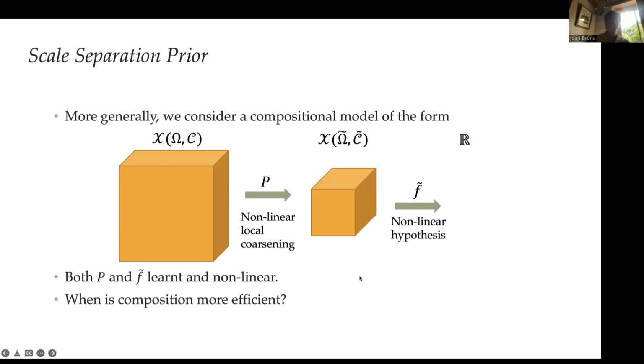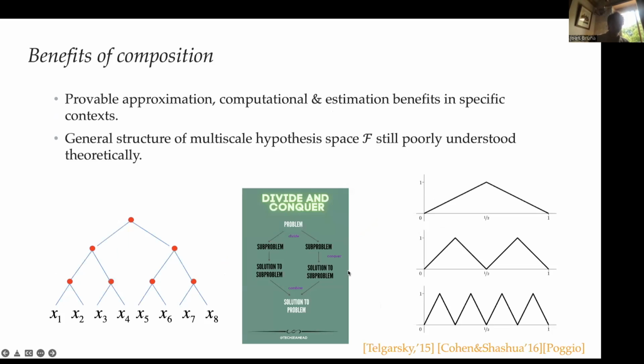So the natural question, now that we have introduced this model to learn functions as a composition, is when is the composition more efficient? This is the intuitive idea that Joshua and Jan and everyone has been developing. There are several frameworks where we can study this question of the benefits of composition quite precisely.